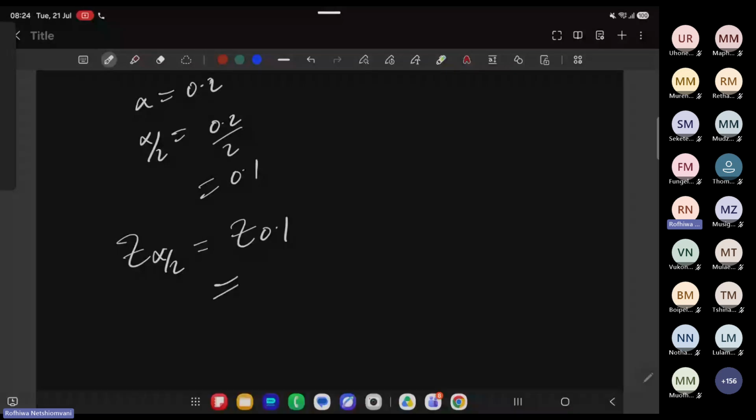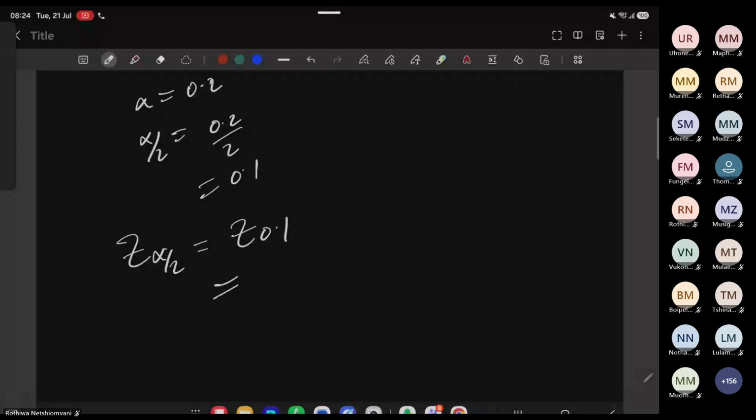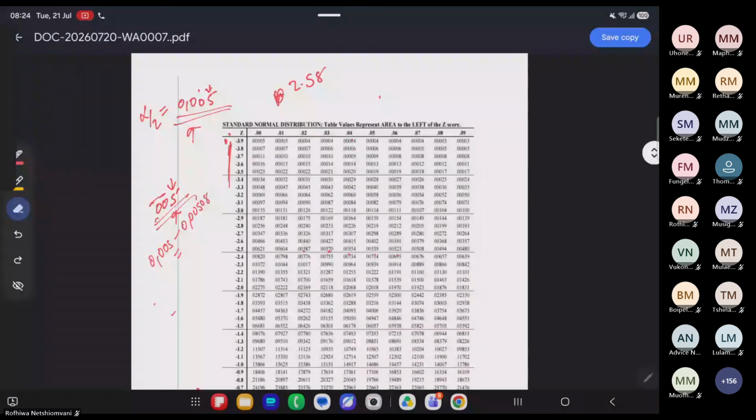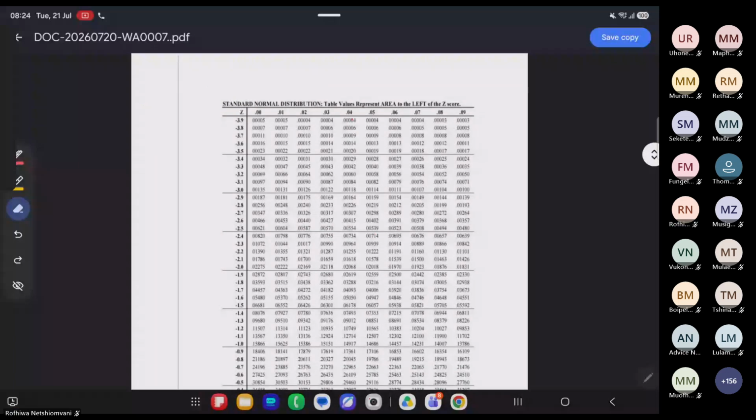It's very simple. We go back to our table. So the only question is, what are we looking for? We're looking for alpha divided by 2, which will be 0.1. So now it's very simple.